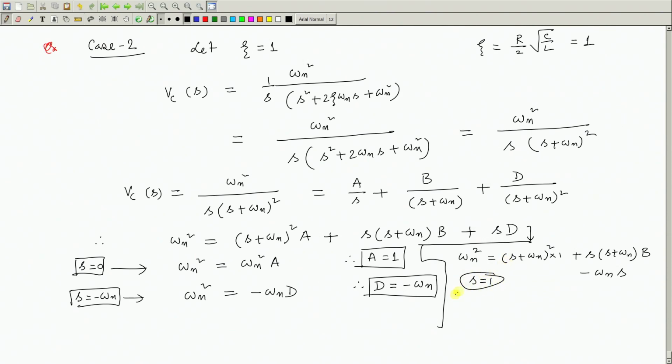Put s equal to 1 in this expression. It will be omega n square plus omega n plus 1 whole square plus omega n plus 1 into b, this is 1 and this is minus omega n, and this has to be equal to omega n square.